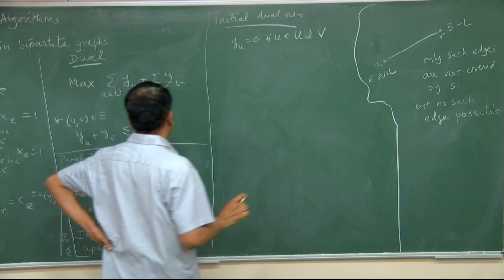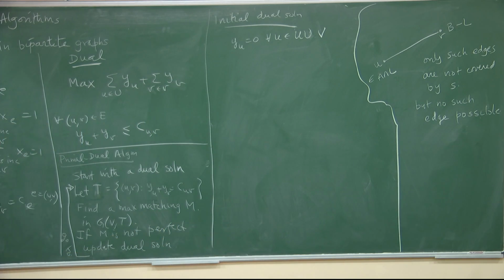If you put all zeros, assuming the costs are non-negative, all these constraints are satisfied. The objective function is 0, and the matching size is 0.